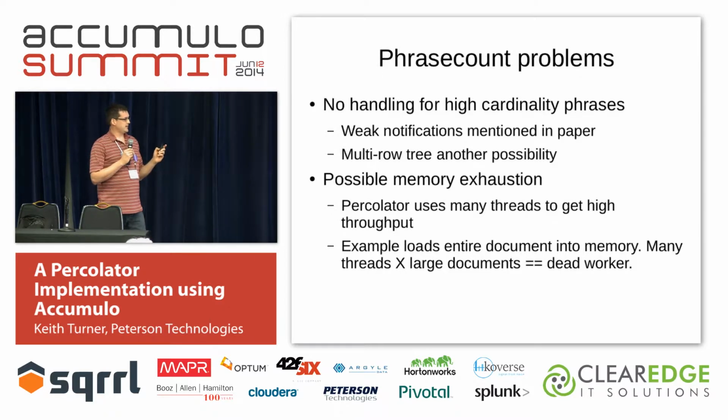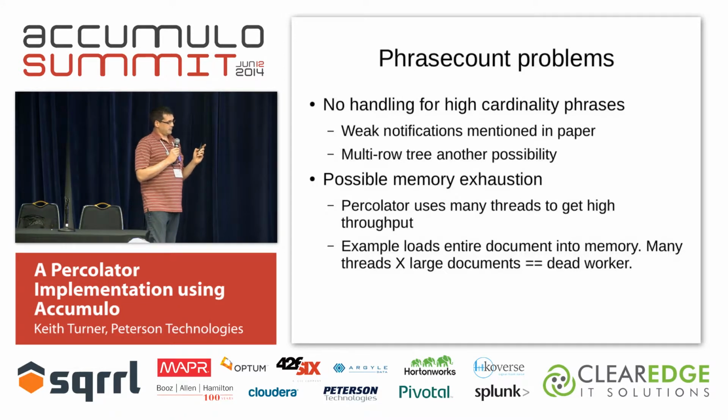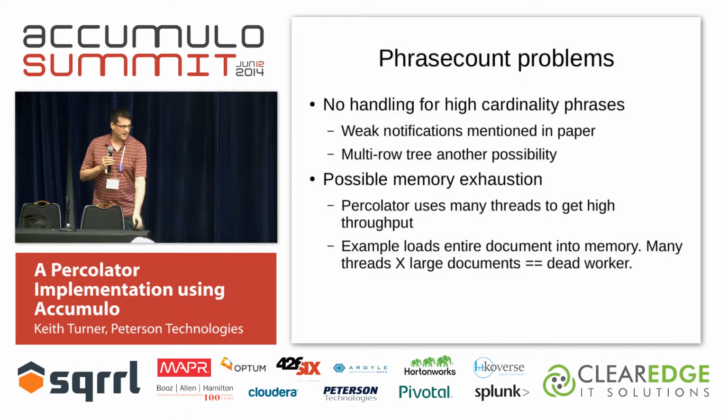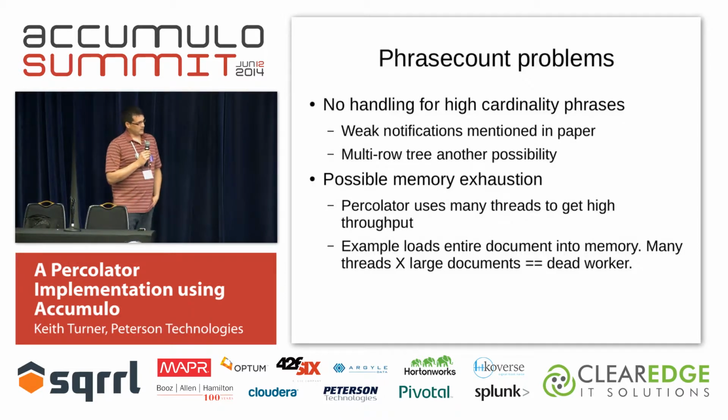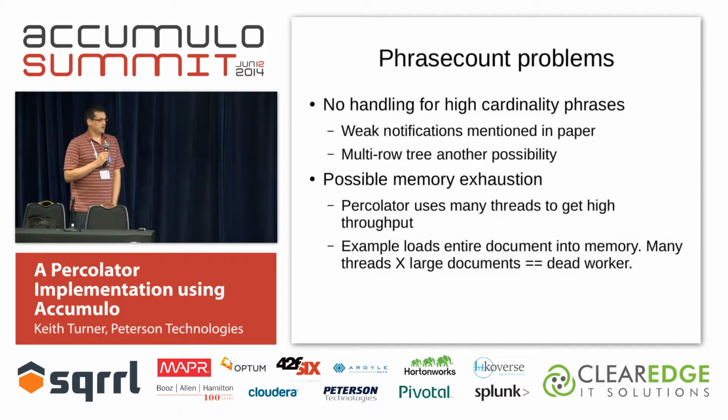So actually this slide, I prepared these slides about a week ago, and at the time I did not have, in the phrase count example, handling for high cardinality phrases. So if you had a phrase that occurs in every document, then you're going to get contention with your transaction.